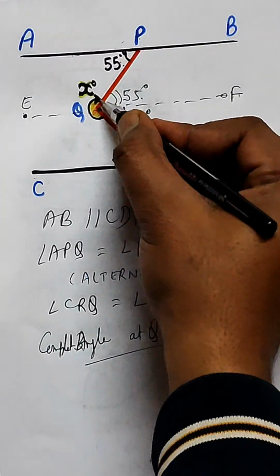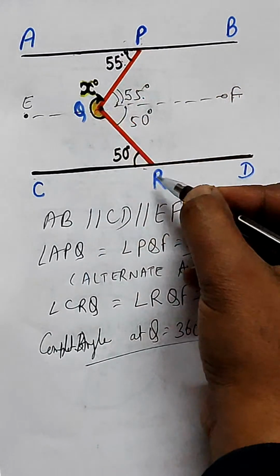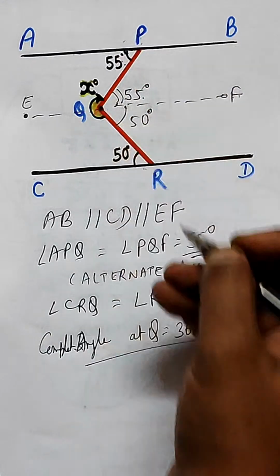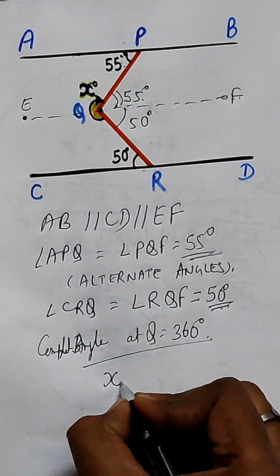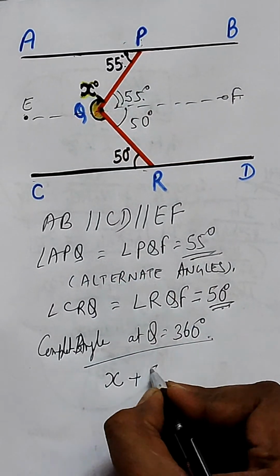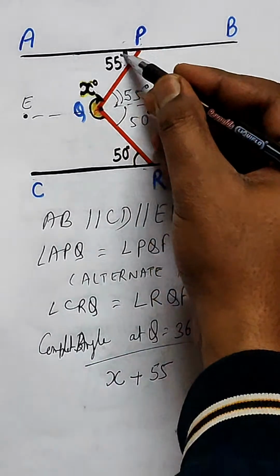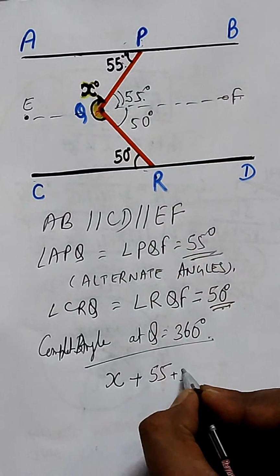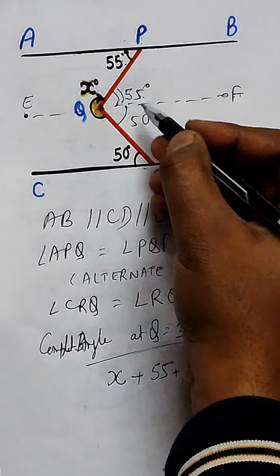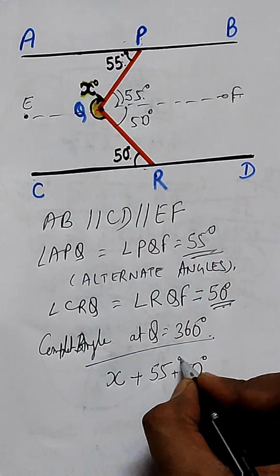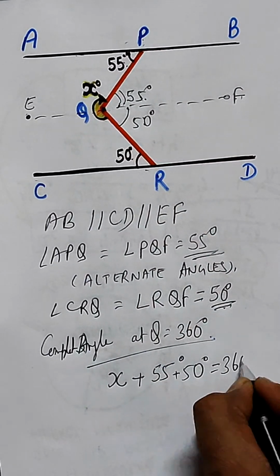So if the external angle PQR is x, then x plus 55, the alternate angle, plus 50, the alternate angle, adds up to 360 degrees.